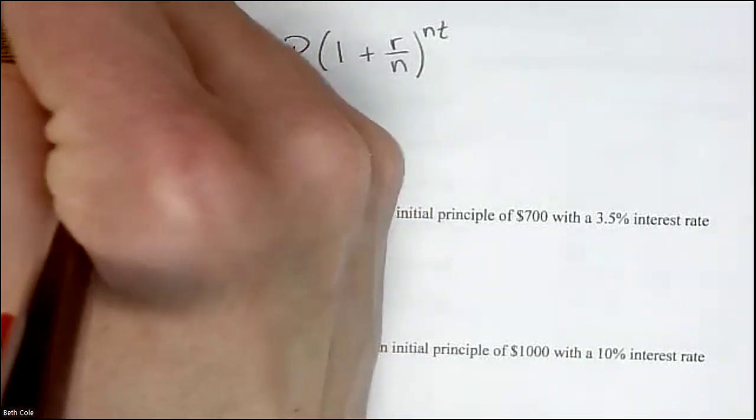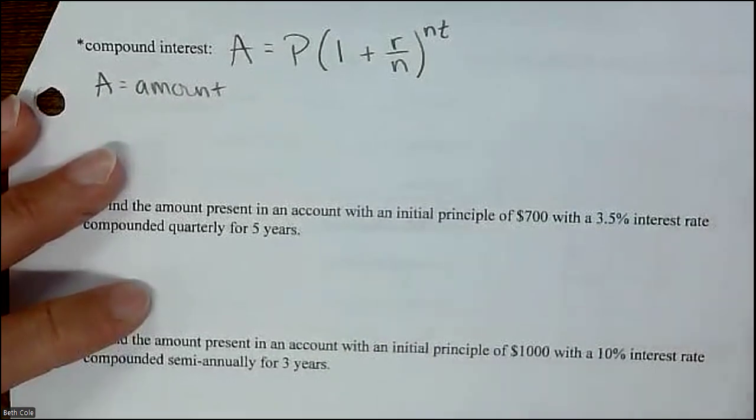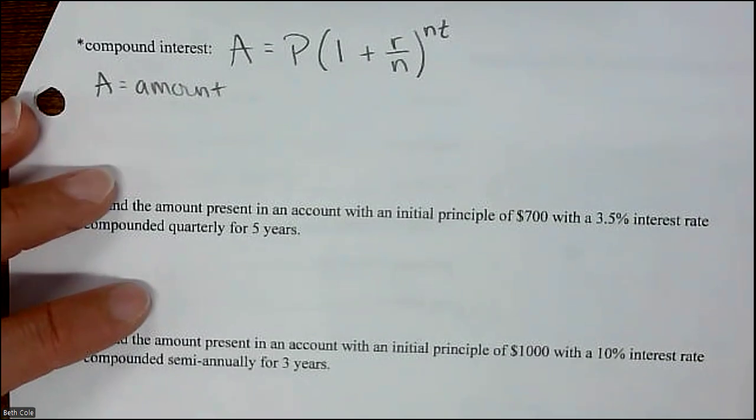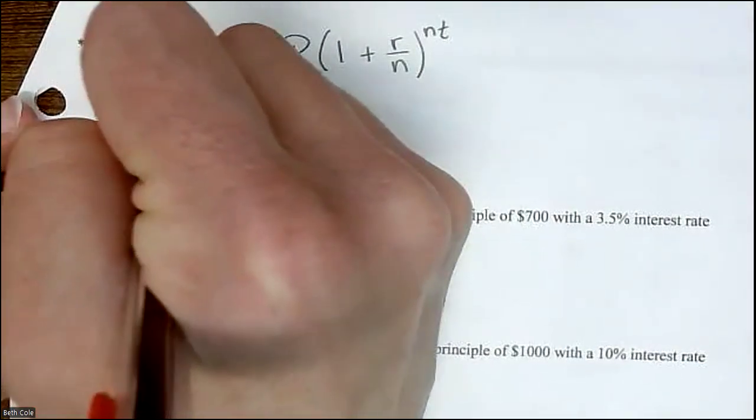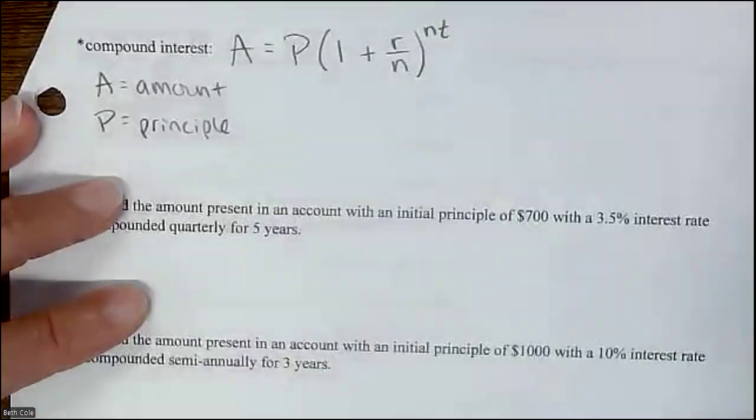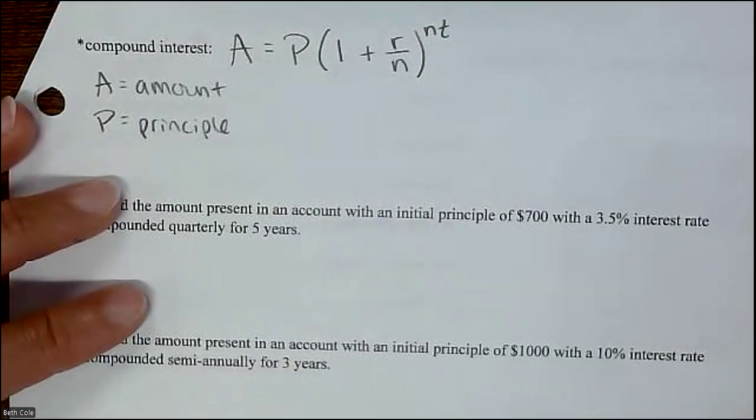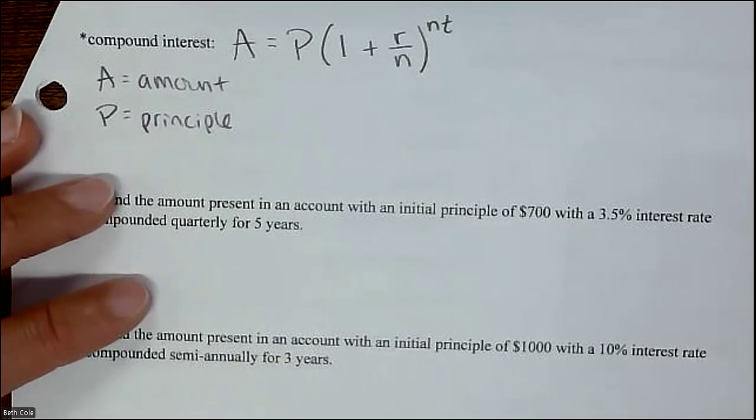All right. So A is the amount that you end up with. In other words, that's your answer. A is the answer. A is what you get. P is the principal. That's what you start with. So if you're going to put money in the bank, P is the amount of money you're putting in the bank.